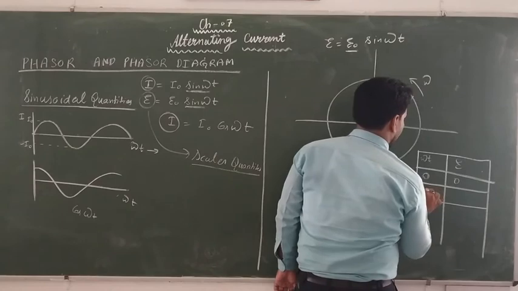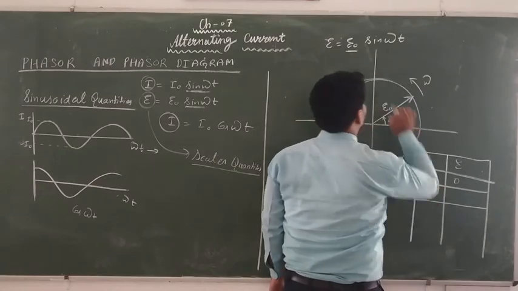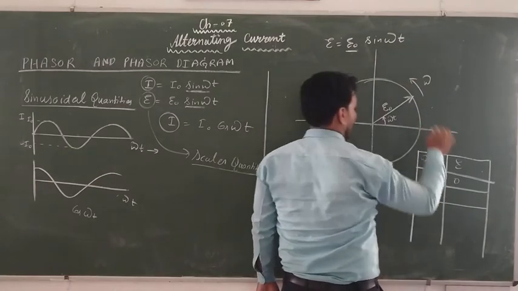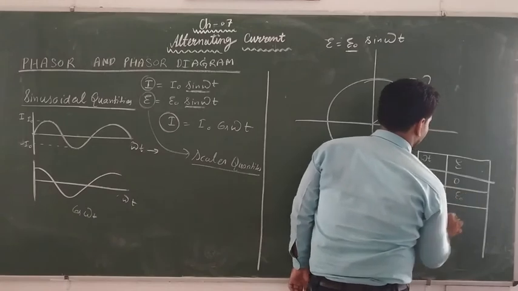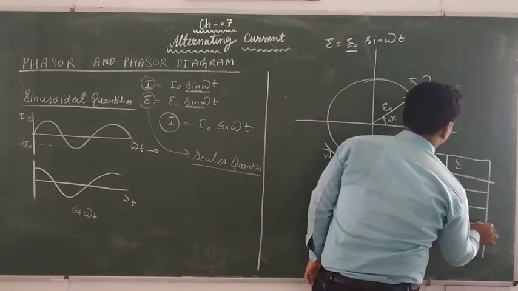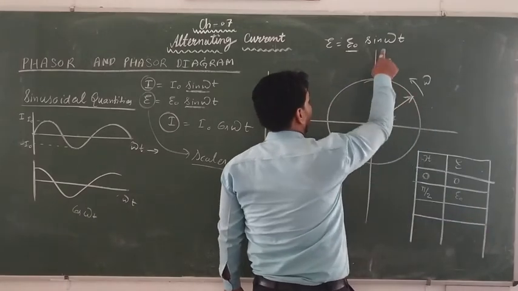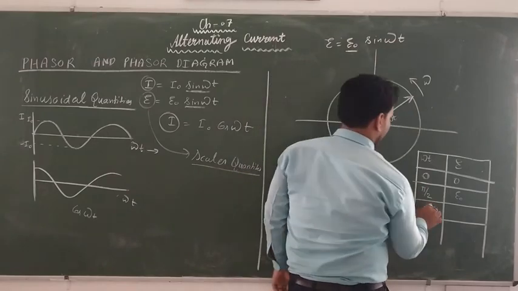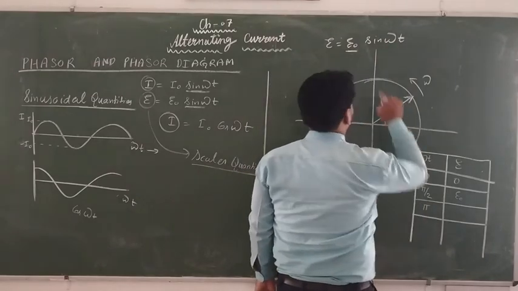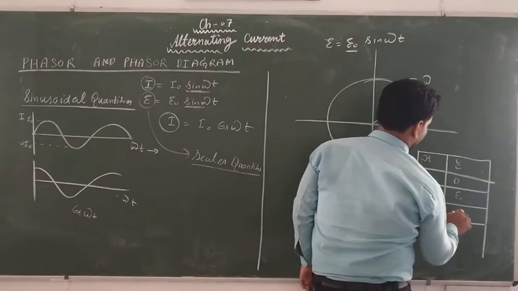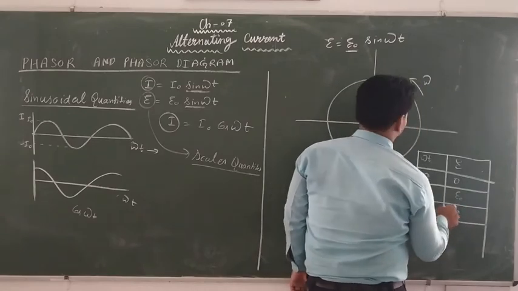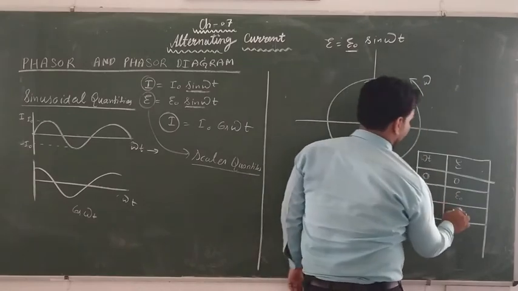If omega t is pi by 2, means 90 degrees, sin 90 is 1, so we get E naught. Then when omega t is pi, 180 degrees, sin 180 is 0, so we have 0.